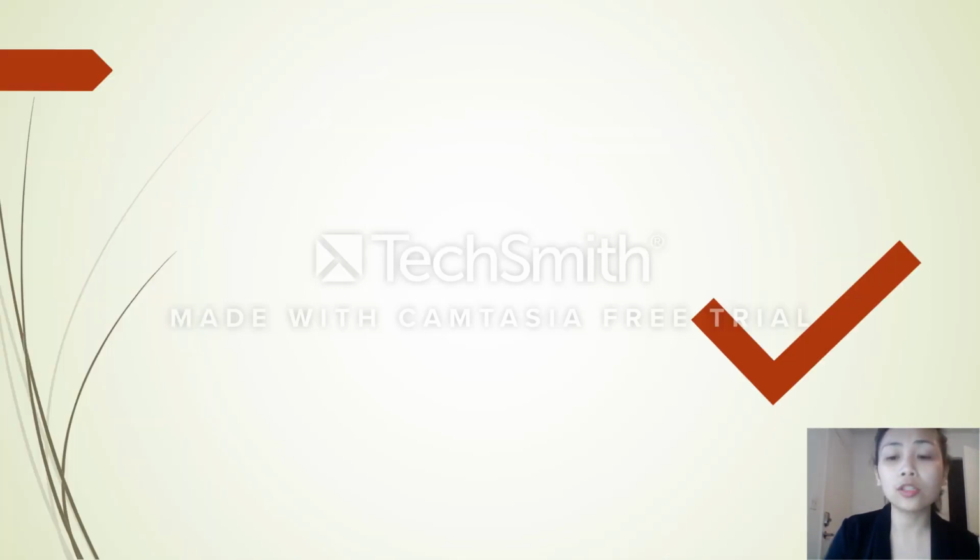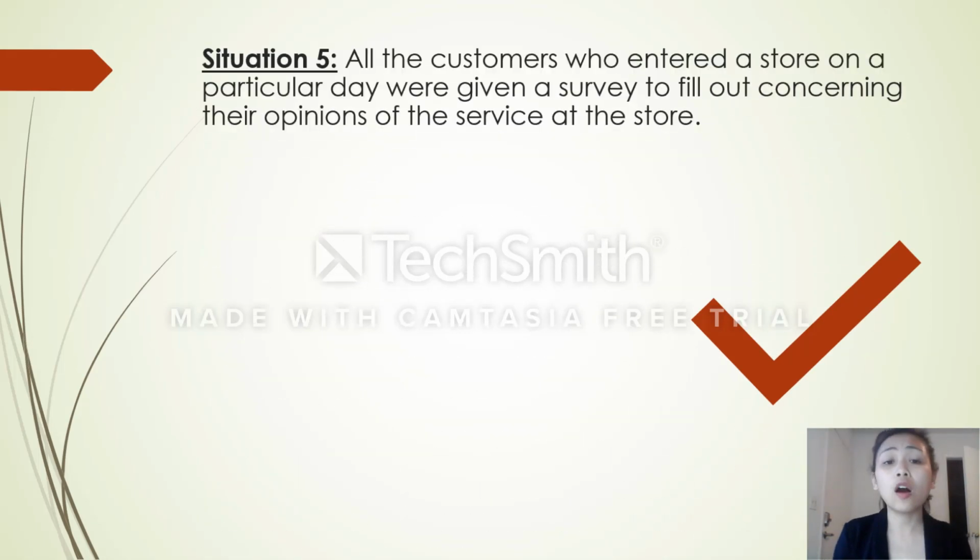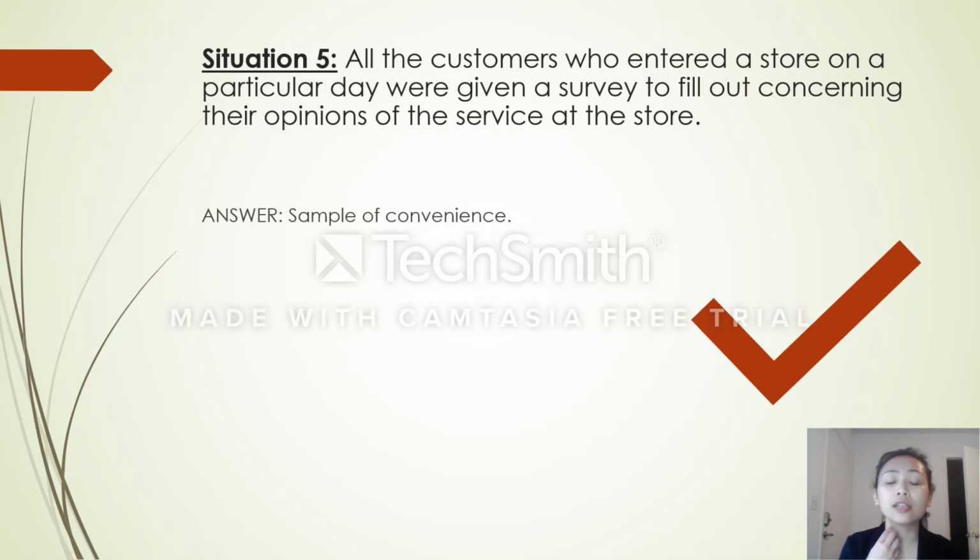Now we go to the last situation. All the customers who enter a store on a particular day were given a survey to fill out concerning their opinions of the service at the store. So you see all the customers who enter a store on a particular day. So this is an example of convenience sample because we make it very convenient.